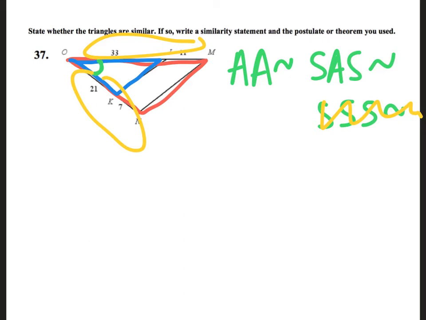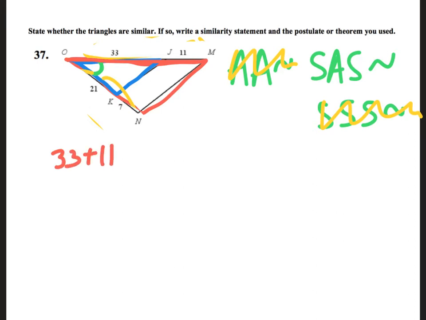I am going to erase those little circles because they're in my way. But I do have enough information to use side angle side. Notice I only have one angle, that green one we drew in, so angle-angle is thrown out. So we're going to check using side angle side. The first thing I'm going to do is look at this entire red length, which is 33 plus 11, divided by the little blue one, 33.